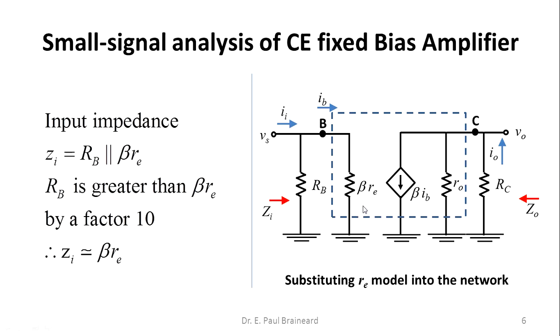Usually, if it is greater by a factor of 10, then the input impedance of the circuit is nothing but beta re, since the equivalent resistance of a parallel combination will be lesser than the smaller resistance value. Therefore, the input resistance Zi is nothing but beta re.